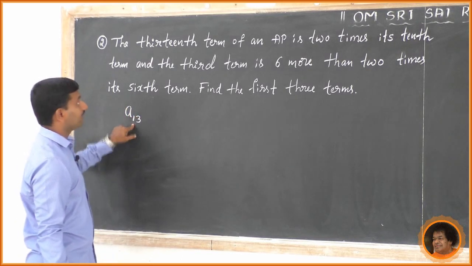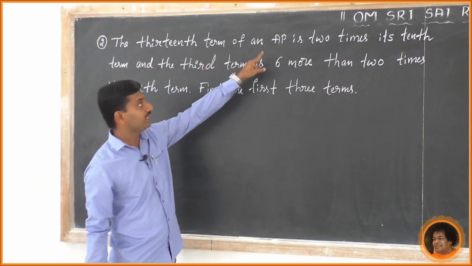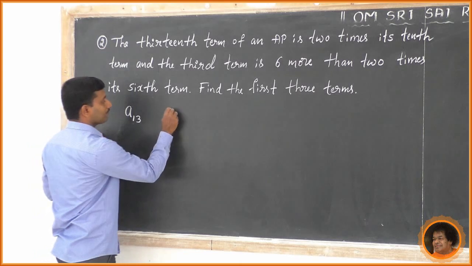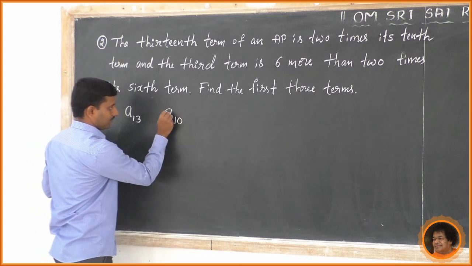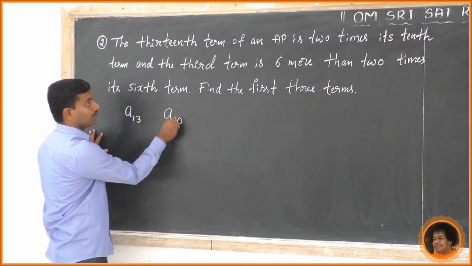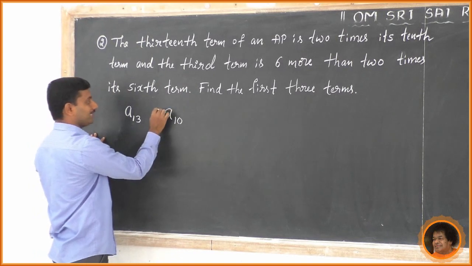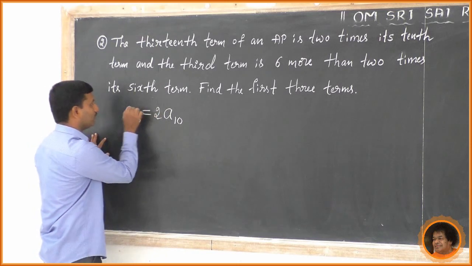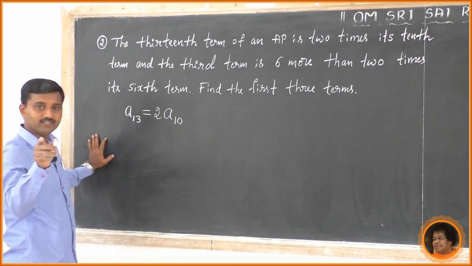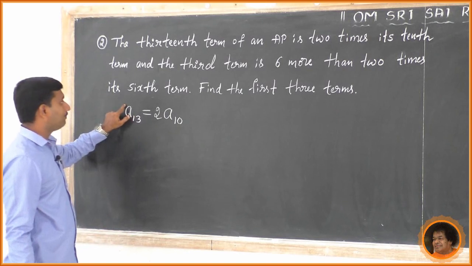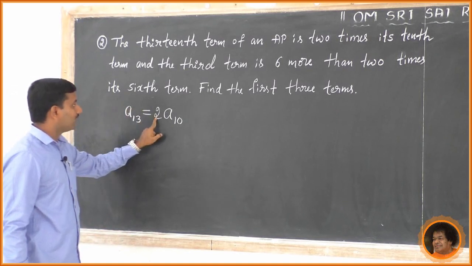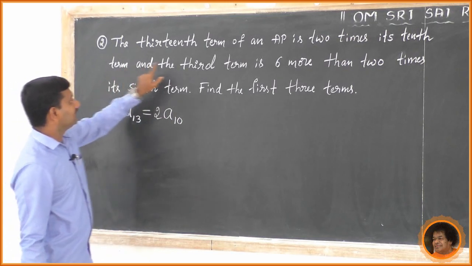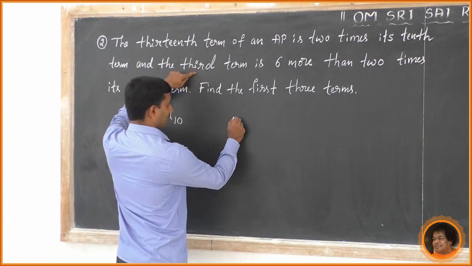The 13th term of an AP is 2 times its 10th term. 10th term means A10. 2 times means multiply by 2, which is equal to the 13th term. What is the meaning? The 13th term of an AP is 2 times its 10th term. And the second condition. The third term is, how to write the third term?